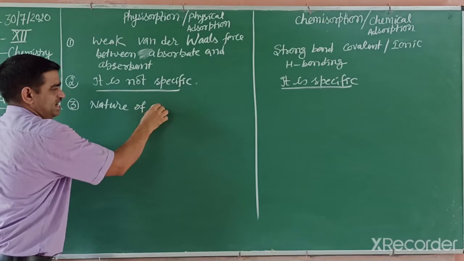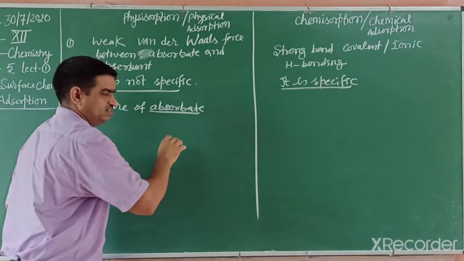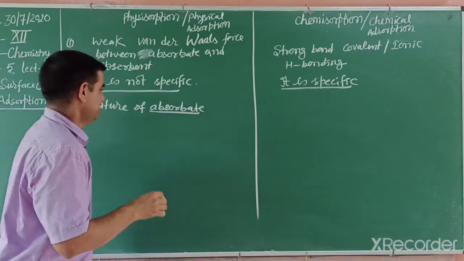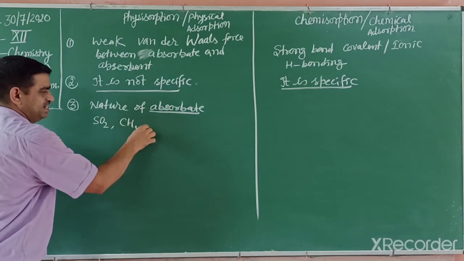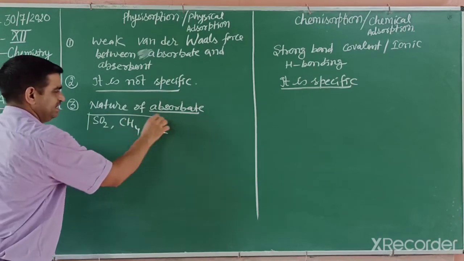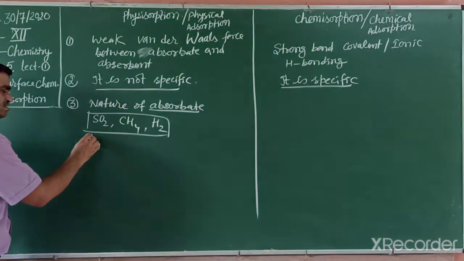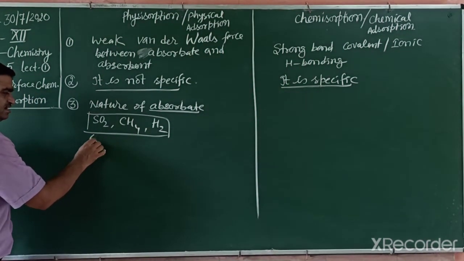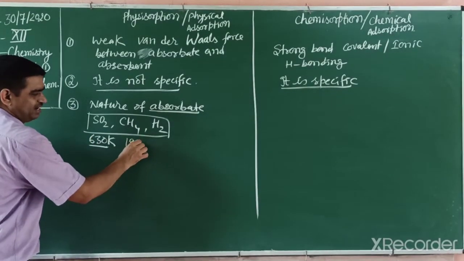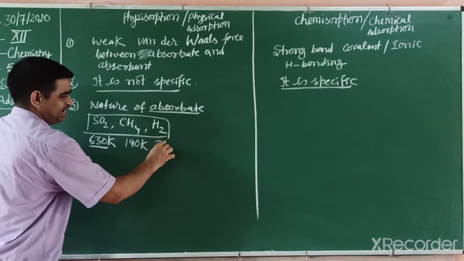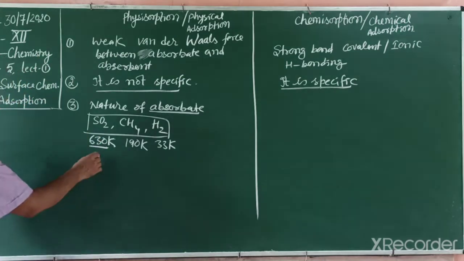Nature of adsorbate means those substances that easily liquefy, like sulfur dioxide, methane and hydrogen. If you compare these three gases, sulfur dioxide is liquefiable at 630 Kelvin, methane 190 Kelvin and hydrogen 33 Kelvin. This is given in your NCERT book. And what is this temperature?